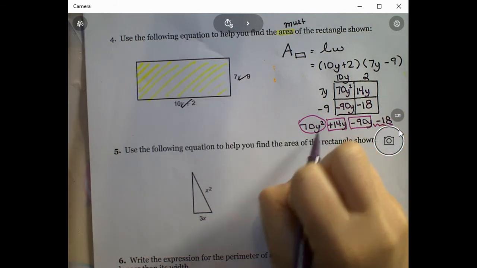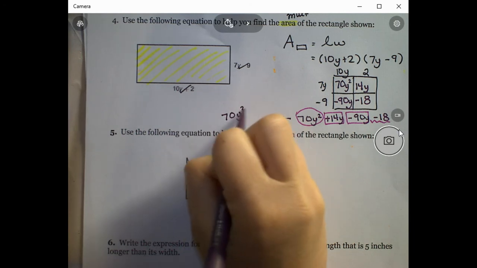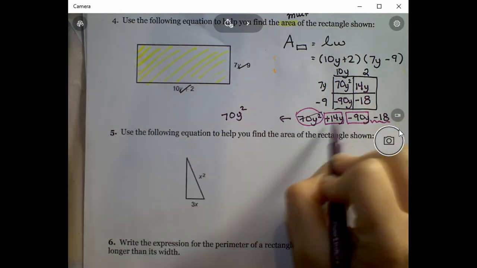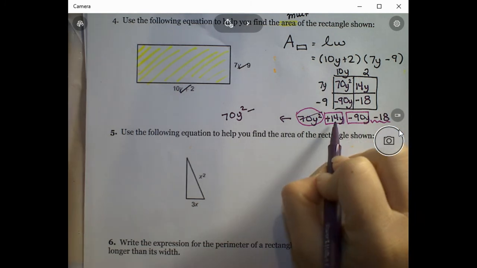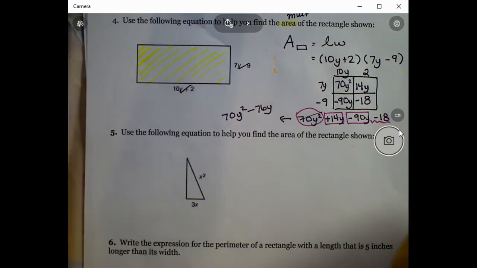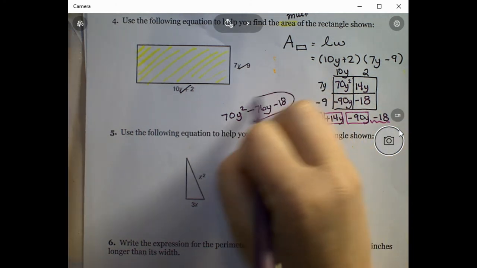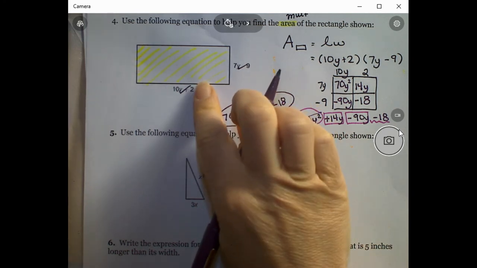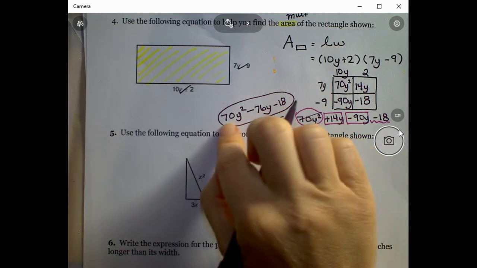So we're left with, I'm going to write it over here, 70y squared. Combine those. It's going to be negative 90 minus 10 is 80, 76y. And then the 18 had no friends. So the area of this rectangle, represented by an expression, would be this.